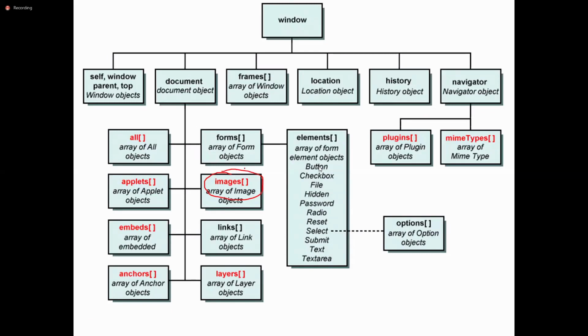This square brace indicates that it is a collection, array. That means multiple images. It is a collection, multiple images. That means a page can have multiple images. So that is array. And images is present in document. And document is present in window.